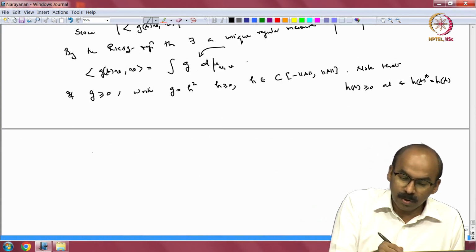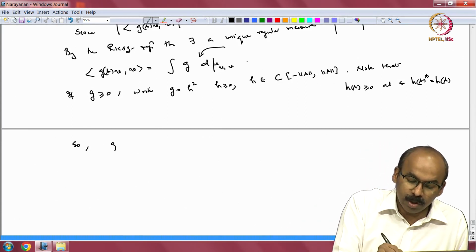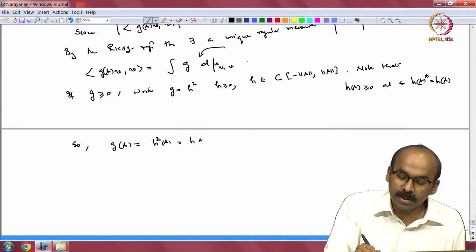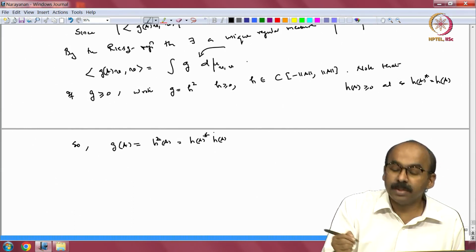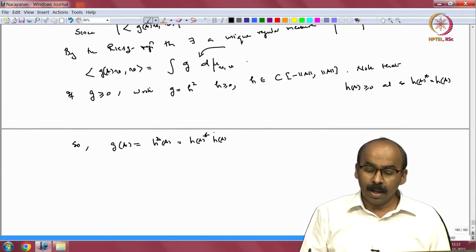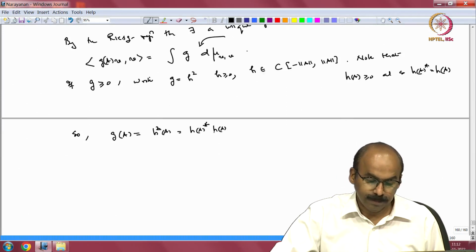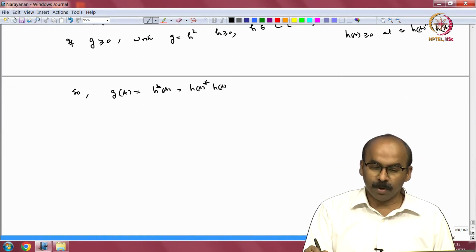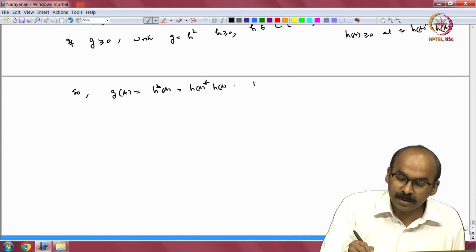So, g of A I can write as h squared of A, which is h of A into h of A, but h of A is also h of A star, right. So, it is h of A star into h of A. Okay.